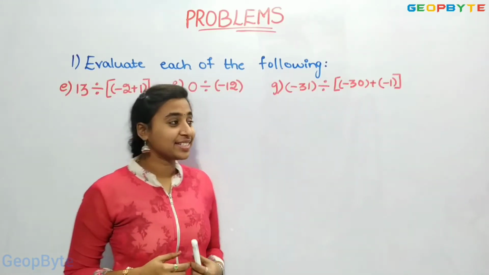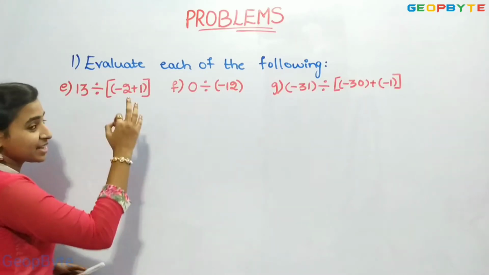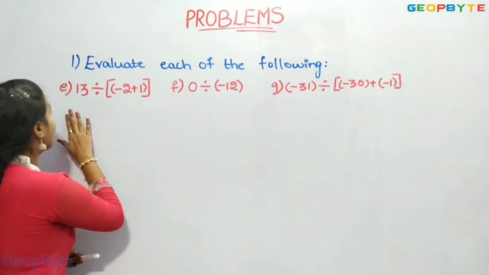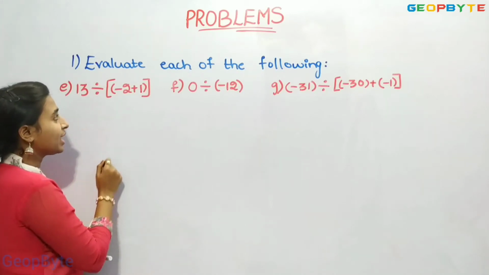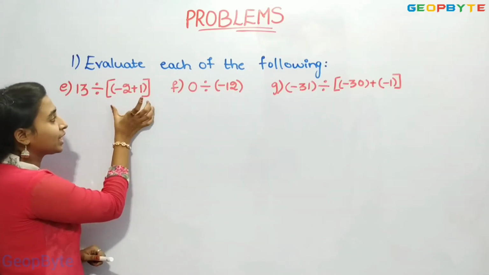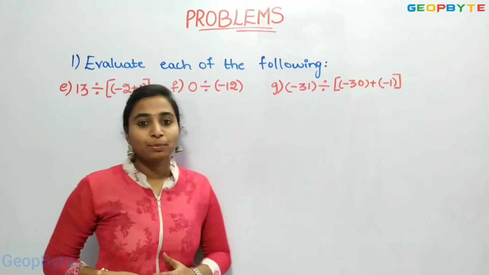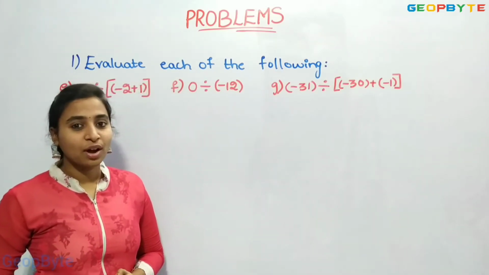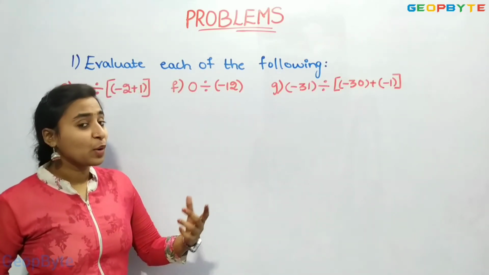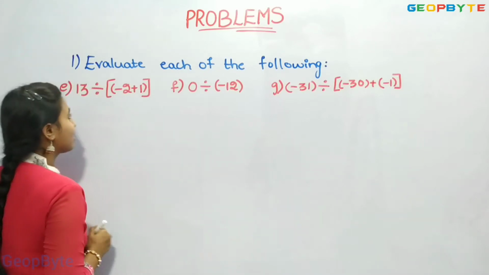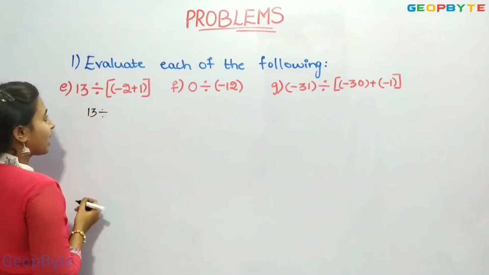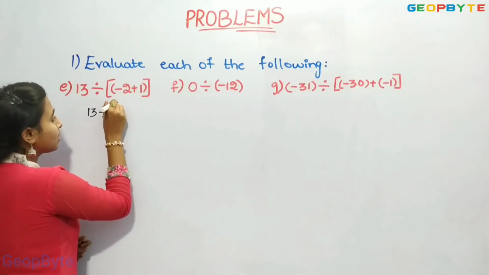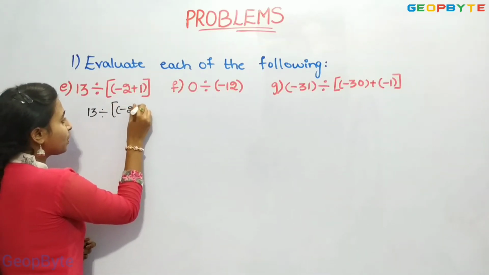Now let us see three more questions in the same question. We have E bit as 13 divided by minus 2 plus 1 in the brackets. As per BODMAS rule, we have to solve the numbers in the brackets first. If you see 13 divided by, we have minus 2 plus 1.